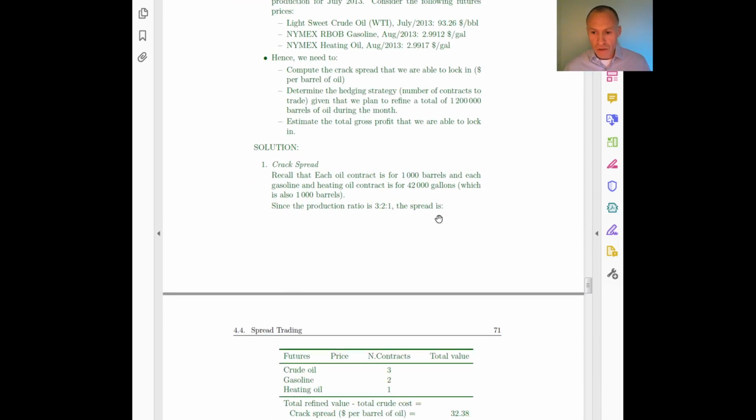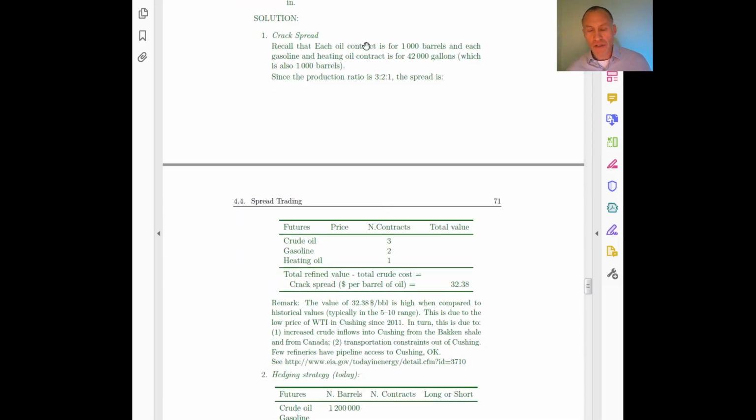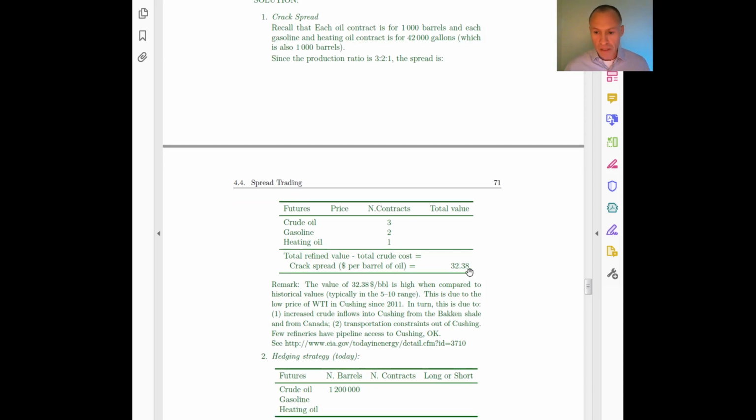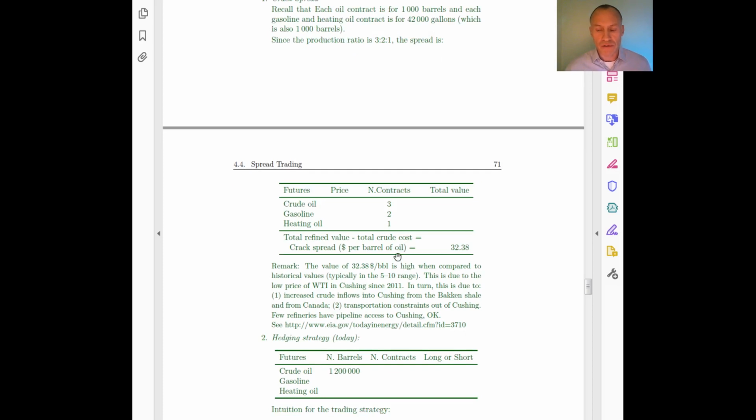Doing the same type of calculations we have done in previous chapters for the crack spread, but now instead of using spot prices, we're using these future prices. Make sure that you are able to get this crack spread. This is the profit the refinery gets for each barrel of oil that it refines.